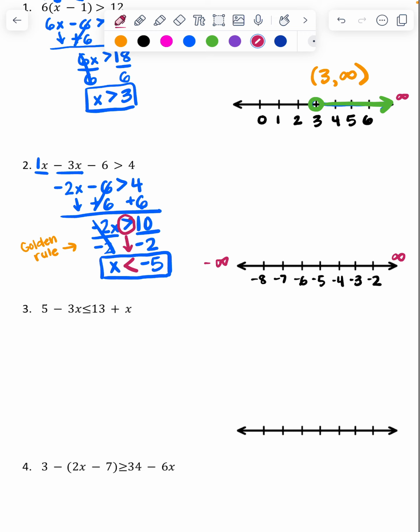When I plot this, I have a less than symbol, which tells me to use an open circle, and x is less than negative 5, so it's going to be all the numbers going down the number line toward negative infinity. Interval notation is going to be negative 5 on the right and negative infinity on the left.